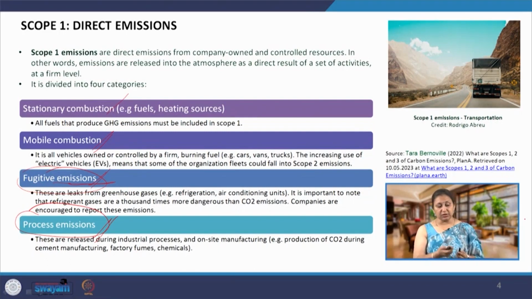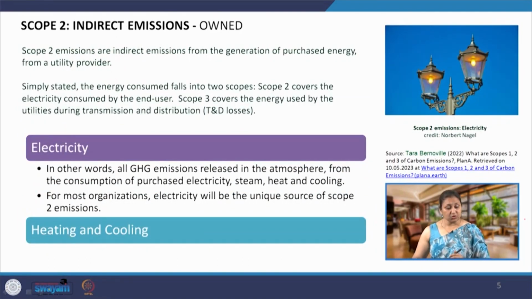So, this is what scope 1 emission is, the direct emissions resulting directly from the company owned and controlled resources only. Then we move to the scope 2 indirect emissions, which are resulting from the owned resources again. So, direct emissions are also from the resources which are controlled and owned by the company.